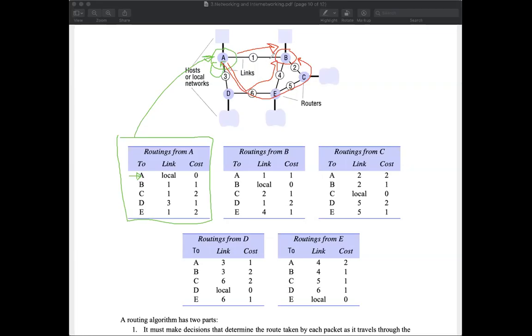in order to create that connection, right? When you're looking at that cost, if we try to clarify the cost, that means how many routers or how many links we need to pass in order to find the destination. So when we are talking about the cost, it refers to how many links we need to pass through at the time the packet is delivered to the respective router, right?